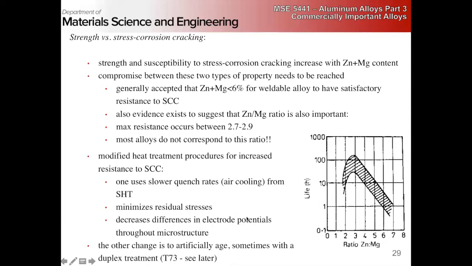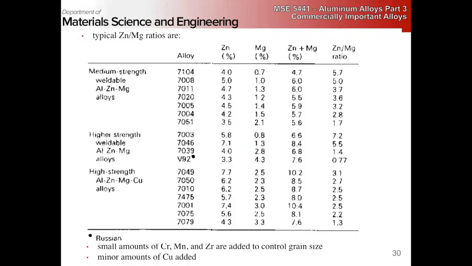Right, so we want to try and get phases that are not as good galvanic cells, and then artificially age with different heat treatments. This T73 duplex heat treatment is often used.